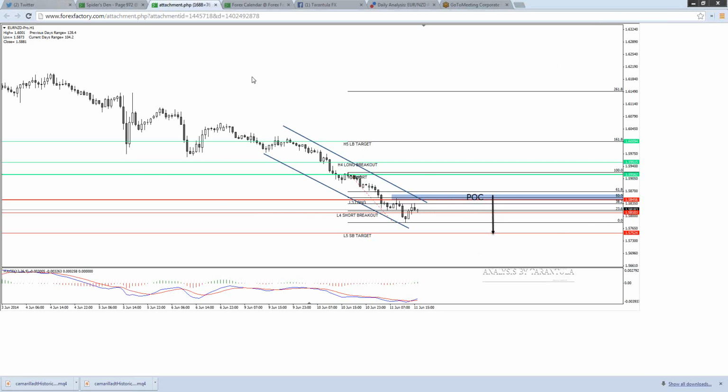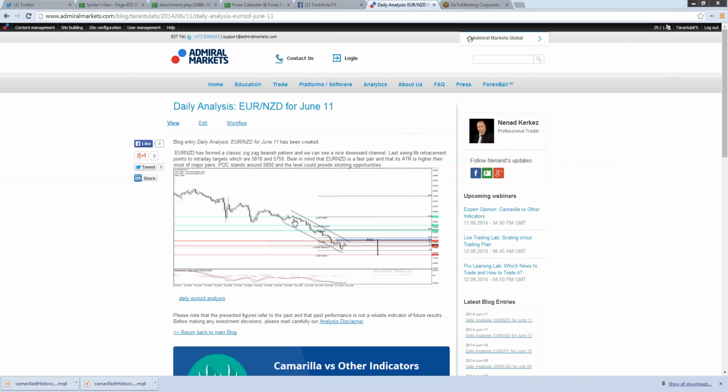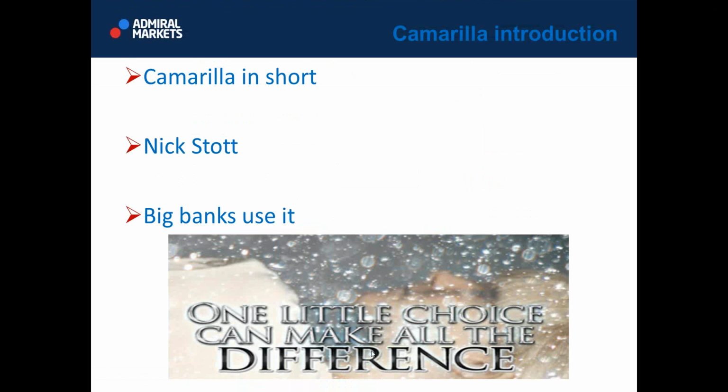So the first target has been hit. You could have seen that also here, and that was a great trade on Euro New Zealand today. I hope that you have taken some pips out of this analysis, because the price really got into the POC and then it was 3 pips again.